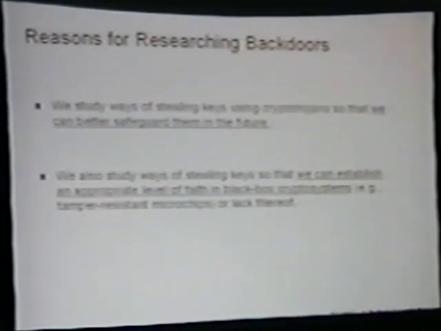So why do we study backdoors in block ciphers? Why do people spend so much time on this problem? Well, we study ways of stealing keys using crypto Trojans so that we can better safeguard them in the future. Note the ambiguity in that statement. We also study ways of stealing keys so that we can establish an appropriate level of faith in black box devices, or lack thereof. These results, when you take the second approach, are plausibility results.